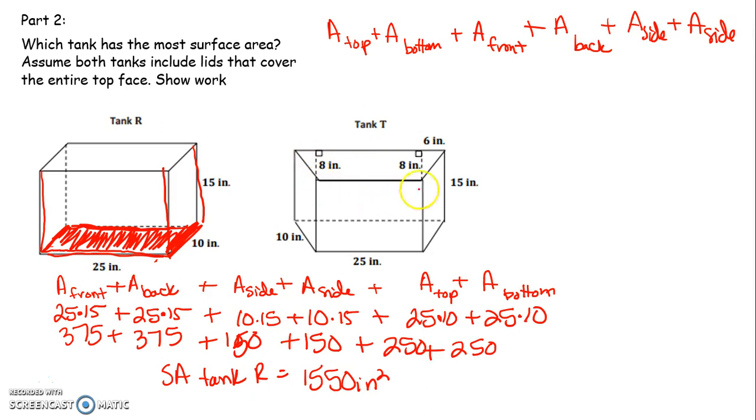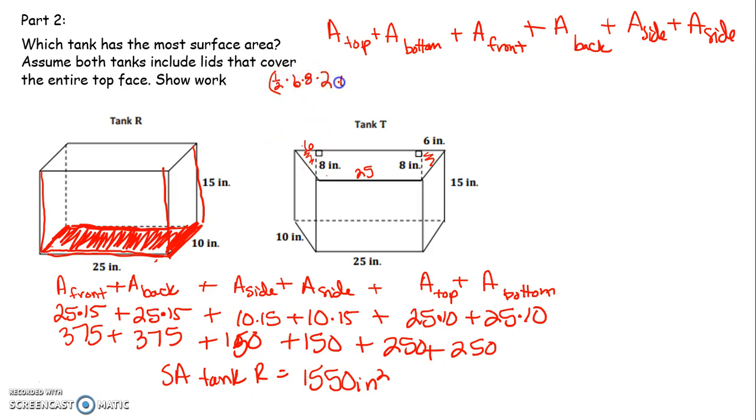Okay, for the top and bottom, that's our trapezoid there, and we found that area. This was 25 by 8. We found that area by taking the area of the triangles and adding that to the area of the rectangle. I could look back on the other slide, but I can't remember what it was. So 1/2 times 6 times 8 for my triangle.